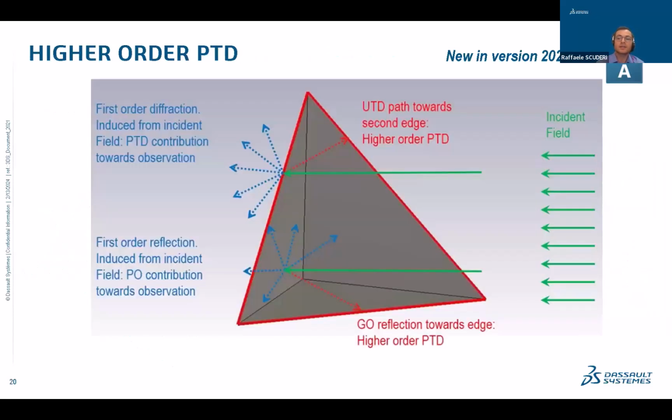And for the sake of completeness, I have to say that still in 2024, we also introduced the possibility to calculate the higher order PTD contribution. So UTD is a new feature we introduced.